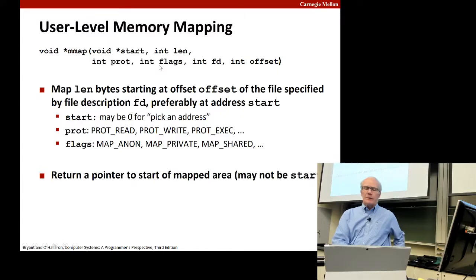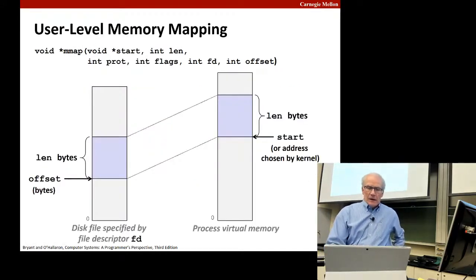Is it a shared mapping, a private mapping, and so forth. You give the file descriptor for the file that you're trying to map, and an offset into that file. And basically that will create a correspondence between some subrange of a file and some part of the virtual address space.